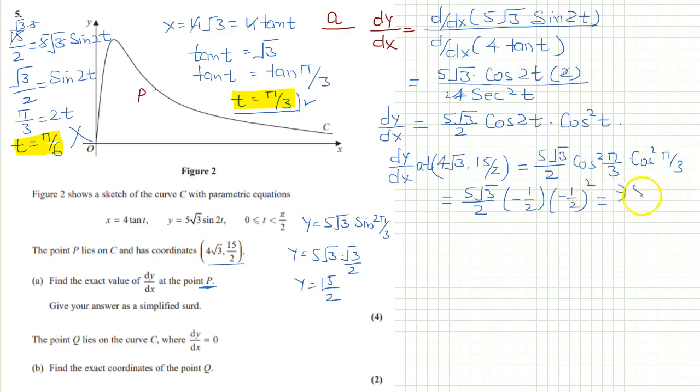So that will be minus 5 root 3 over 16, not 6. 2 times 2 is 4, times 2 is 8, times 2 is 16. So this is the value of dy over dx at this point.